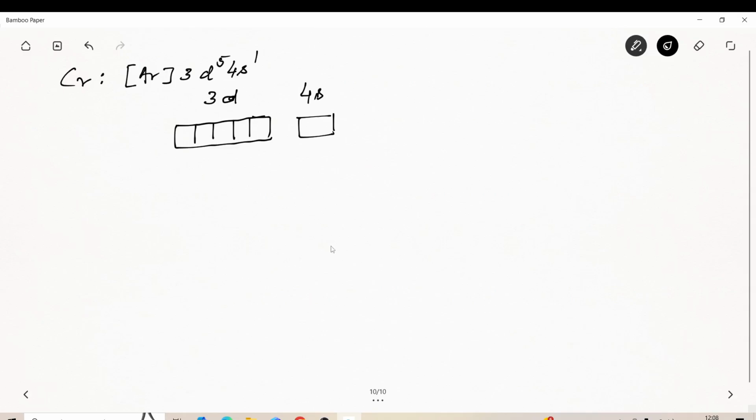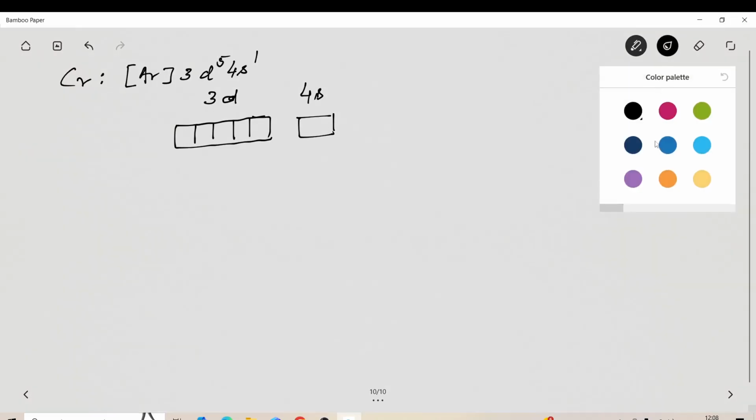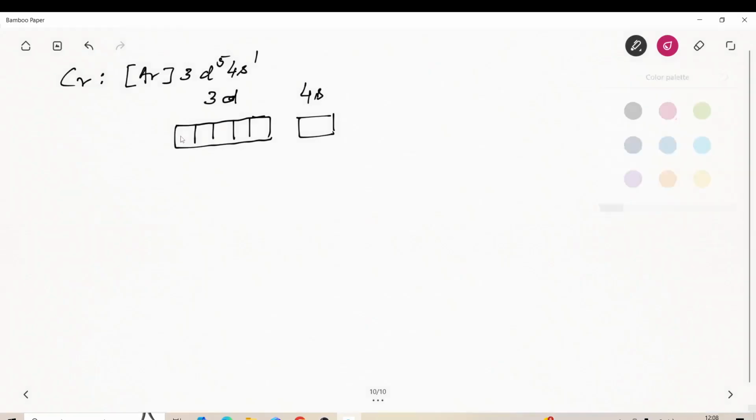Now, if you write down the electronic configuration d5 s1, it's like this, 3d5, see, this 3d5 and 4s1. So the values of m: -2, -1, 0, +1, +2, and this is 0, right?